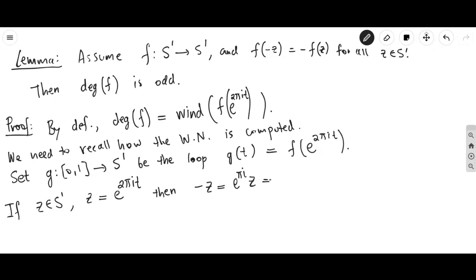So this is e to the pi i times z, and z is e to the 2 pi it. Now if you add your exponents together, that would be pi i plus 2 pi it, and we can factor out a 2 pi i, and we're left with t plus 1/2.